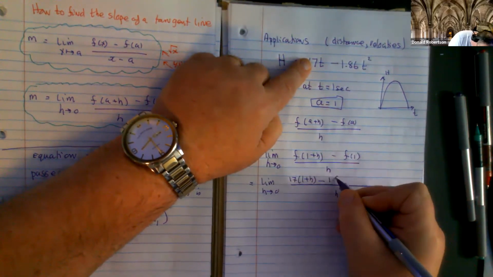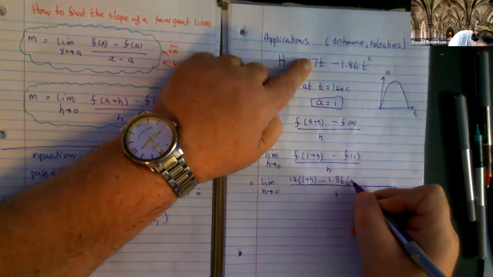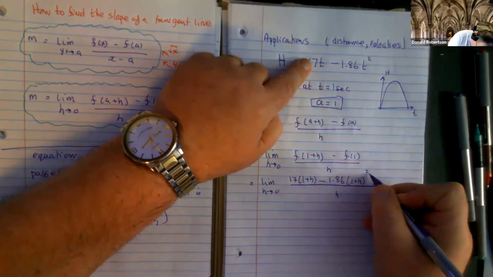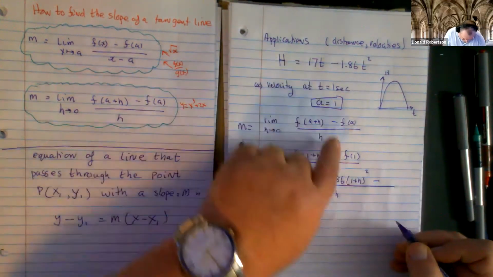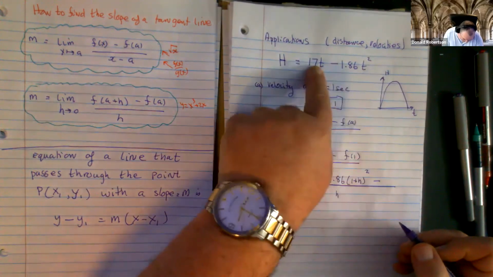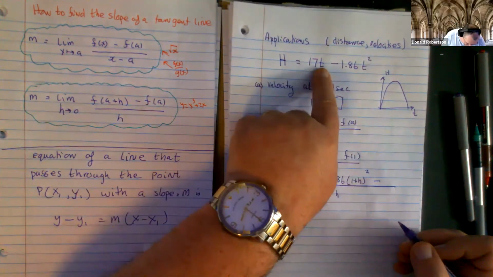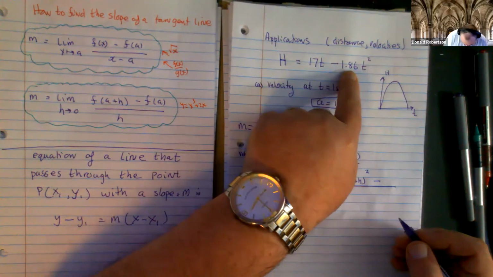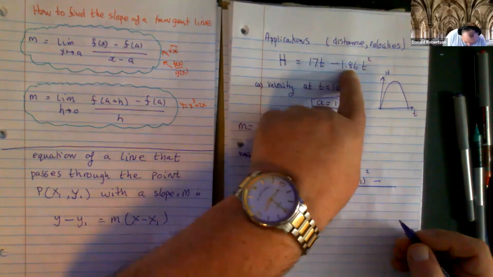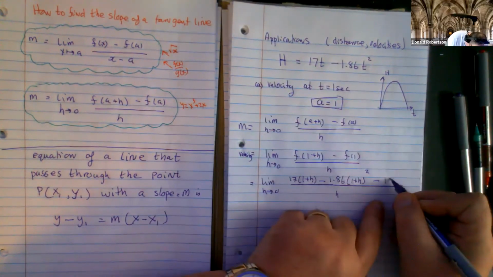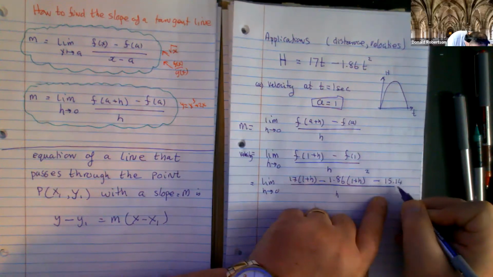Take away a very ugly 1.86, 1 plus h squared, minus the value of the function at 1. Well, 17 take away 1.86, you get 15.14.